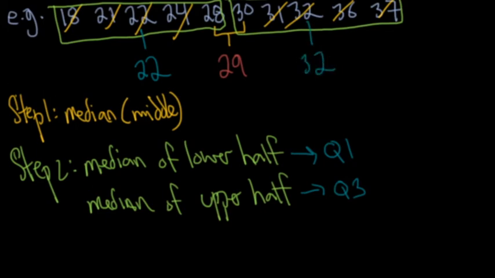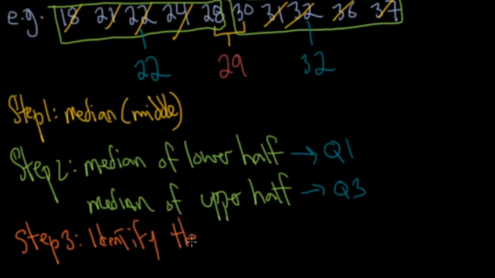Okay? Cool. So step 3 is you want to identify the IQR. Complicated word, IQR, which stands for Interquartile Range. So that's what you want to establish. The inter means kind of like inside. Interquartile range.